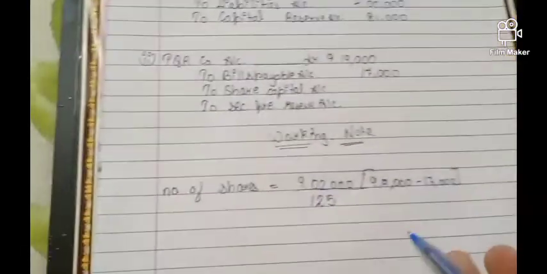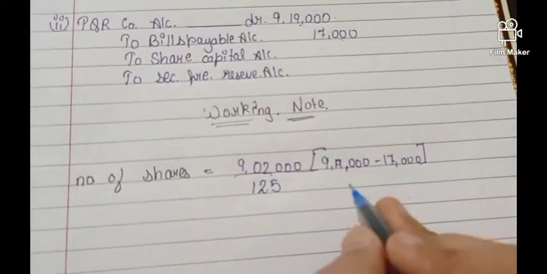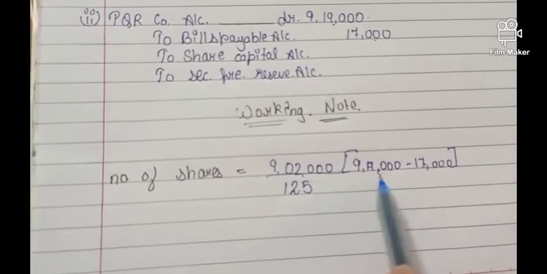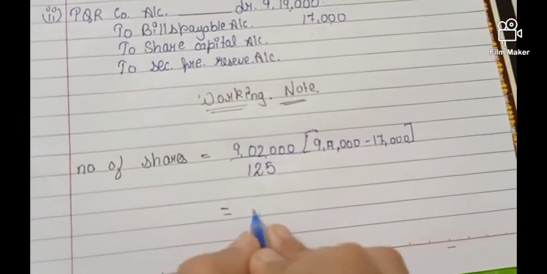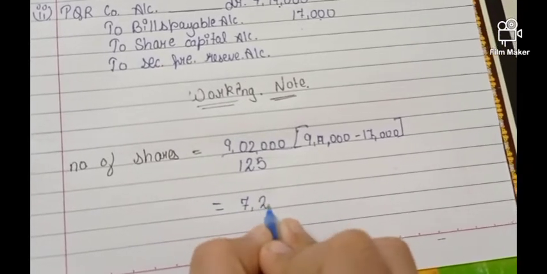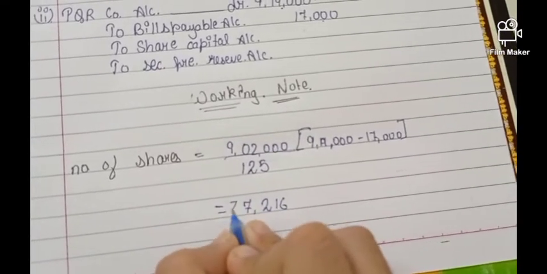So we'll divide 9,02,000 by 125 rupees, and we'll have 7,216 shares.